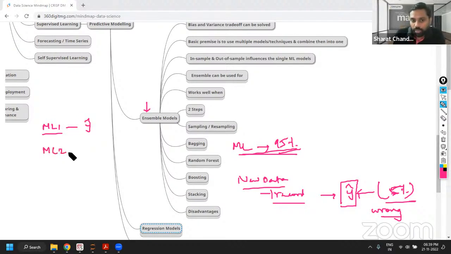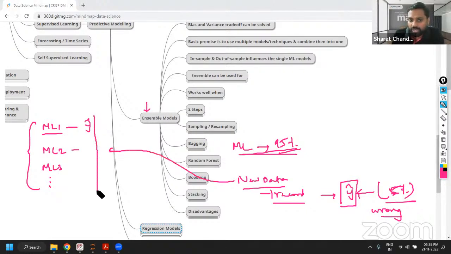Then I'll take model 2, model 3, and so on, depending on the computational capability, the time frames, the complexity of the data and other factors. We will choose multiple models and predict the results on the same record using all these individual models.